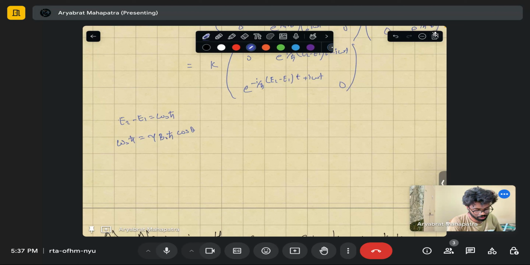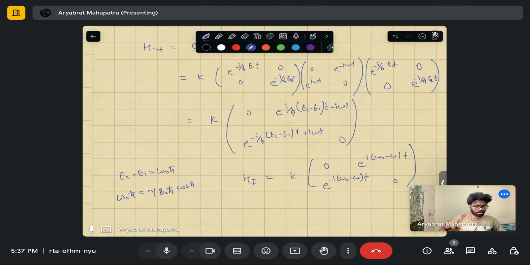So that means I can write HI as k times 0, e^(i(omega naught minus omega)t), e^(−i(omega naught minus omega)t), 0.